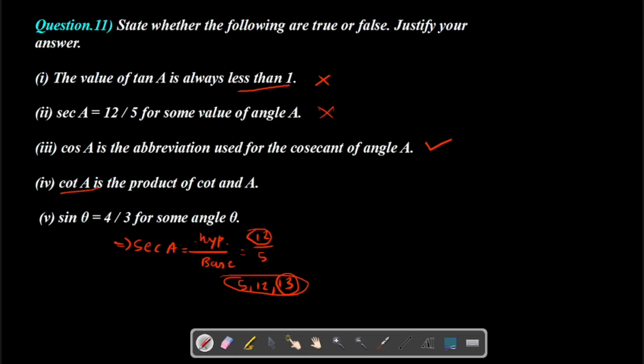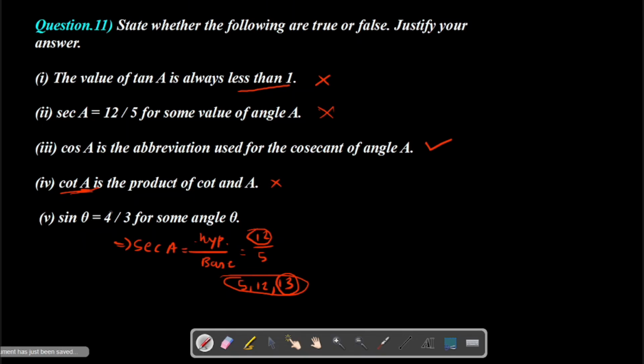Cot is nothing but a name given to a ratio. For cot A, it says the ratio of base and perpendicular for this angle A. It does not mean the multiplication of cot and A, so it is wrong.